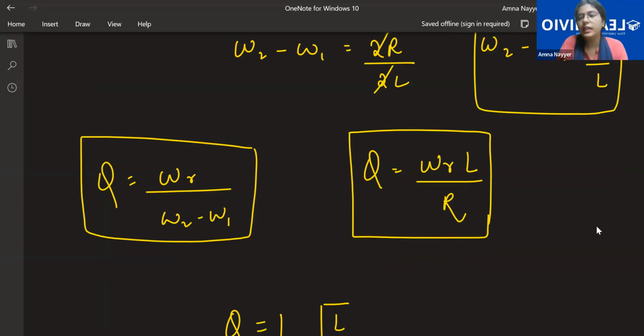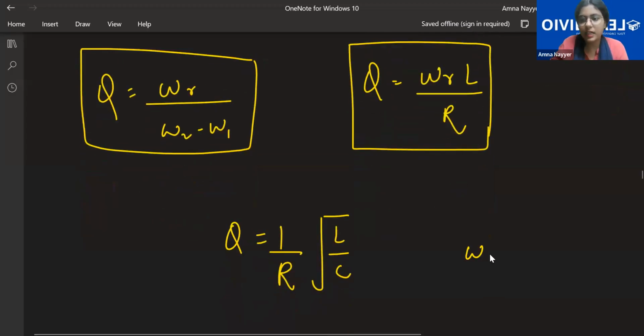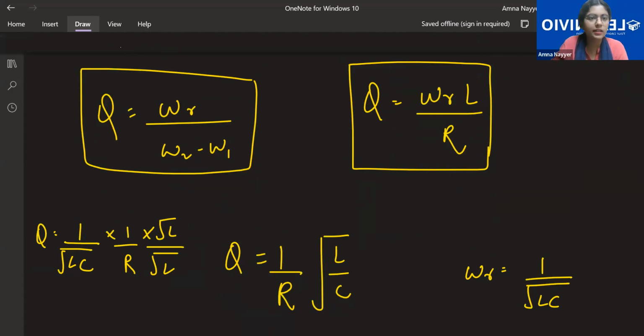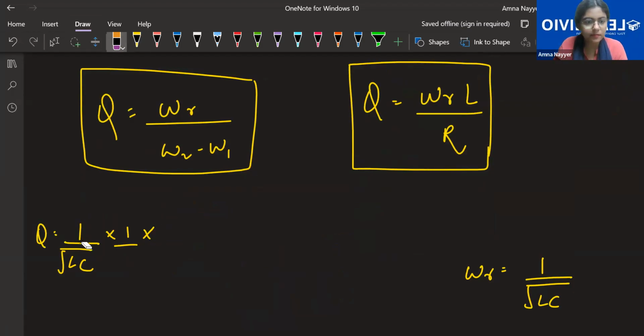Now when you put in the values of the resonant frequency, omega R is equal to 1 by under root LC. Here, Q is equal to 1 by under root LC into 1 by R by L. So to rationalize it, if I multiply and divide it by root L... wait, let me show you this a little properly.